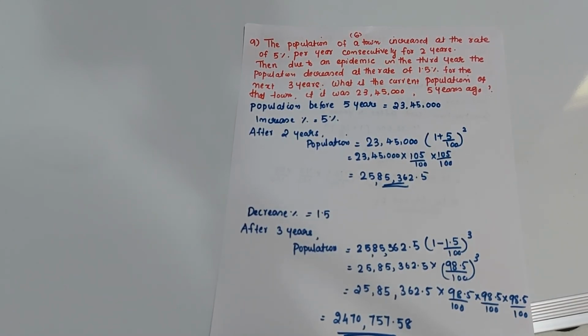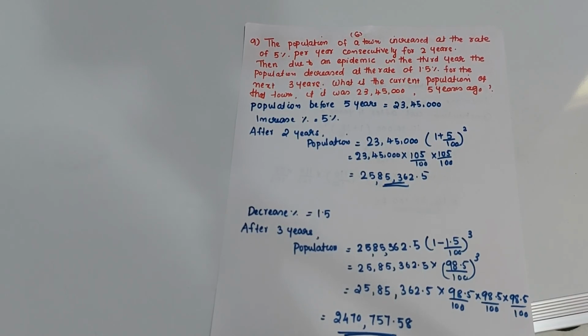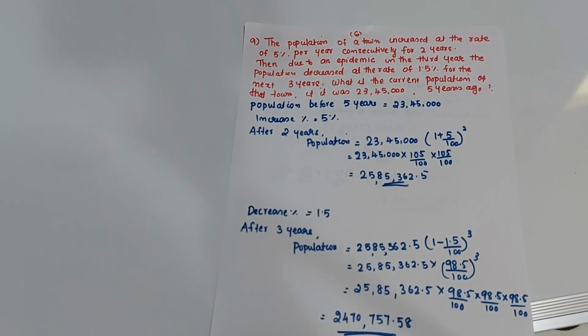At that time the decrease percentage is equal to 1.5%. Then after 3 years the population is equal to 25,85,362.5 into (1 minus 1.5 by 100) whole cube, which is 25,85,362.5 into (98.5 by 100) whole cube.